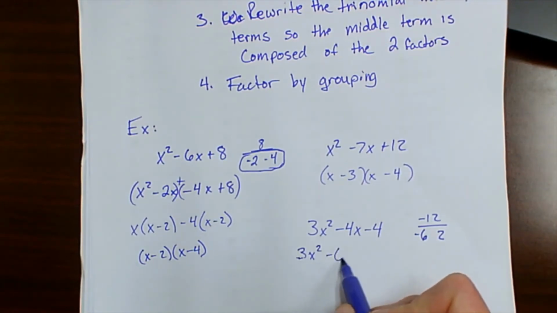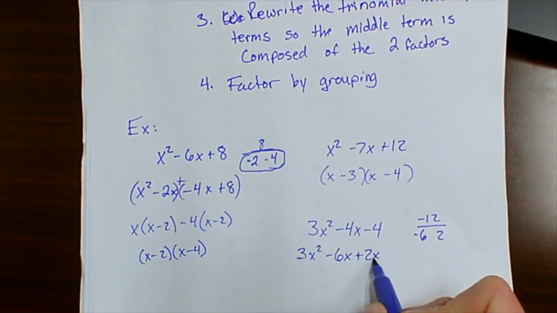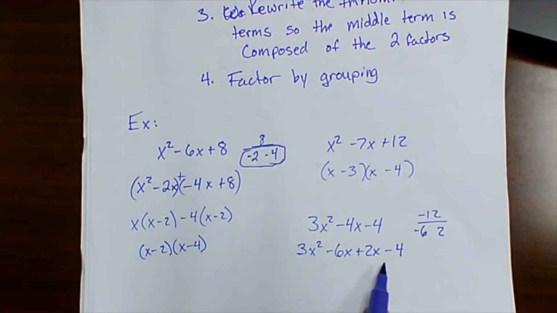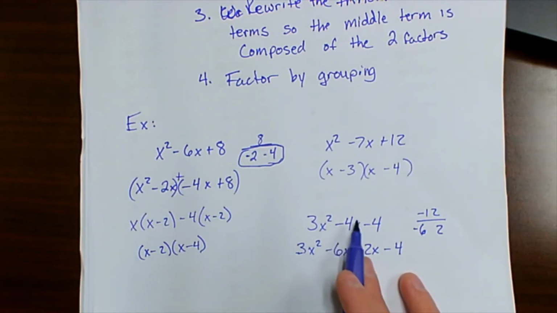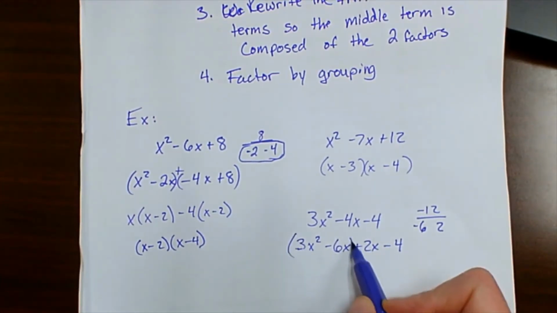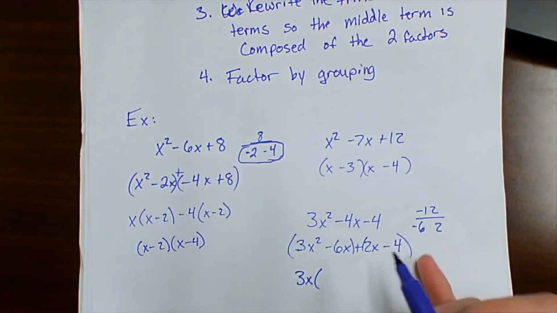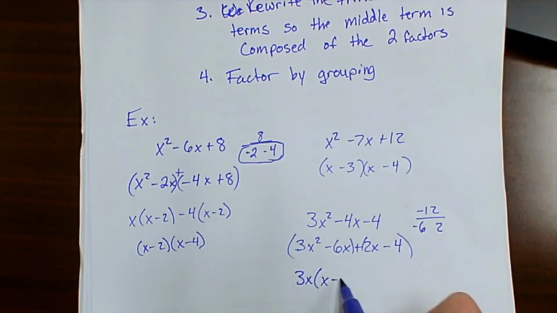Rewrite your middle term so that they're in terms of negative 6 and 2. Negative 6x and 2x. So we're just splitting up the negative 4x. This value here, when you add it, is the same value here. Group the first two and the last two and take out the greatest common factor.